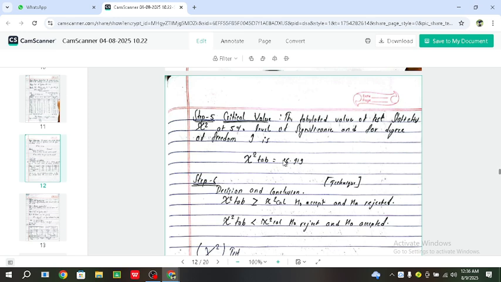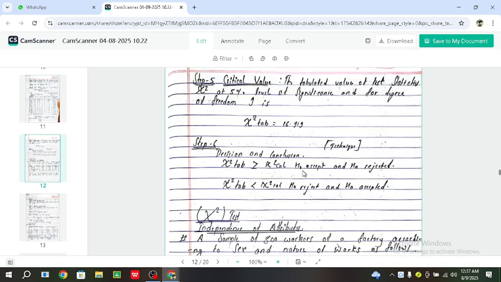Now look at the table carefully, horizontal and vertical, just take both, it will come to 16.919. I already know this value because I already studied this subject. So this value came from the table, now we just have to compare calculated and tabulated value. And always remember that this is the first numerical for the chi square.